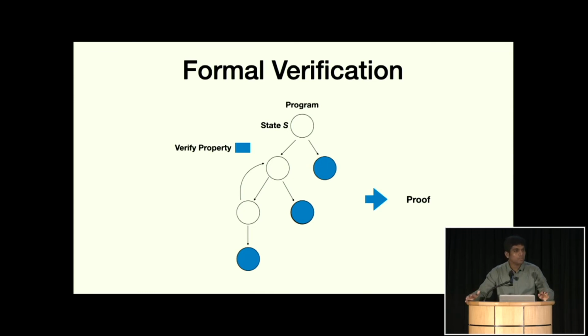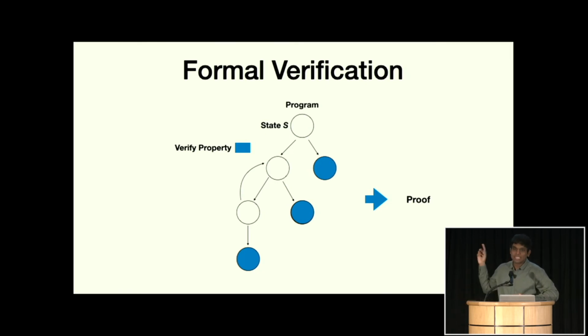So just to start with a brief overview of formal verification at a high level, consider the program that's represented by this abstract syntax tree, where you start from a state S, and you want to verify the property blue. What we want is that this property holds in all the end states of the program.